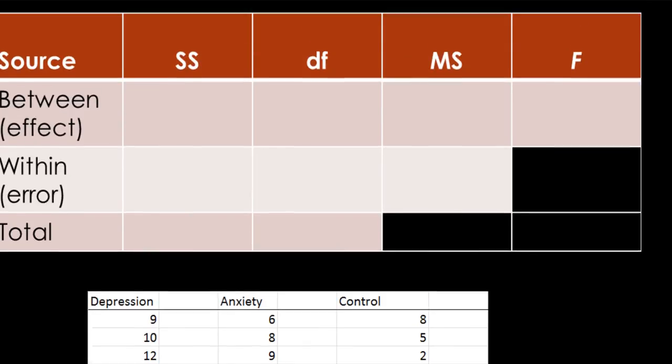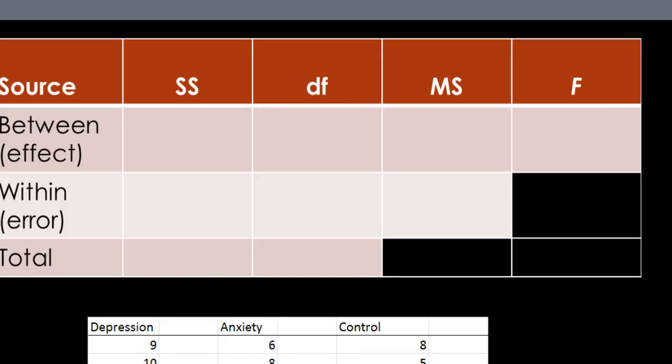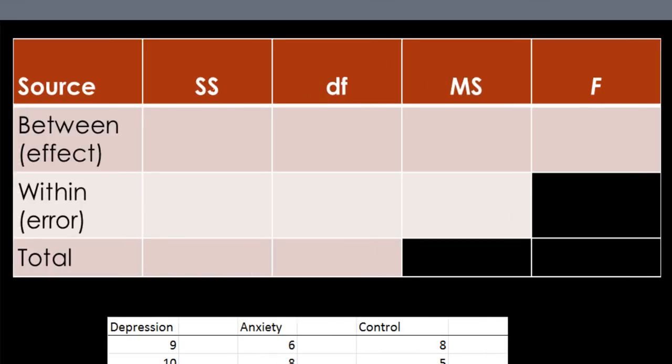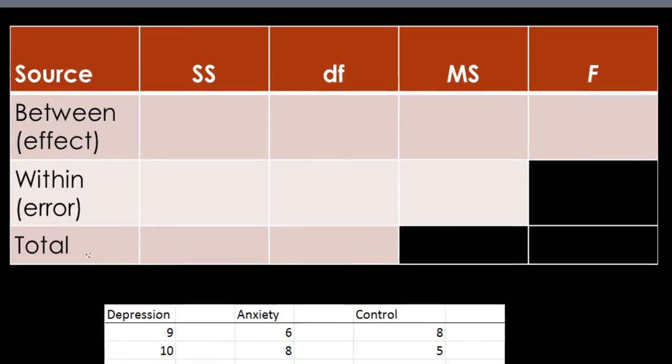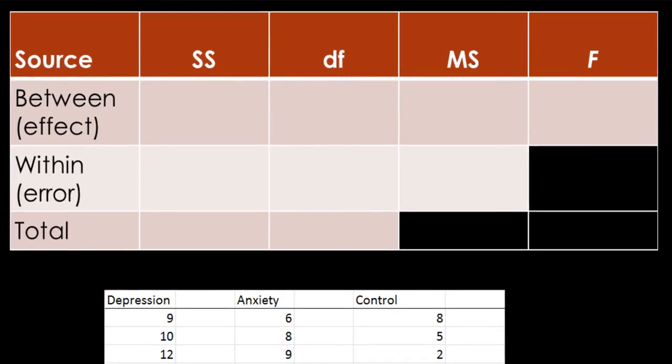So we'll set up a table like this that has a column for the source, a column for the sum of squares, a column for the degrees of freedom, a column for mean squared variance, and a column for the F ratio, and a row for between or effect, a row for within, and we can create a row for total.